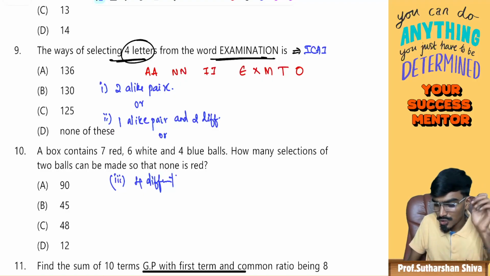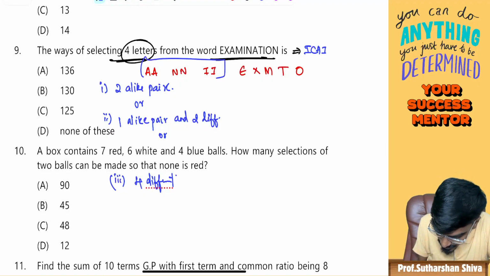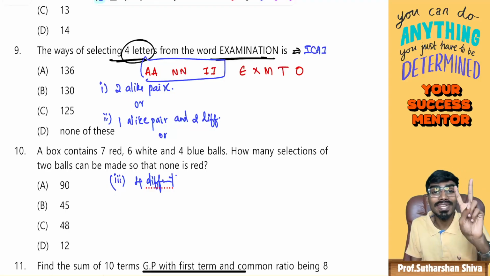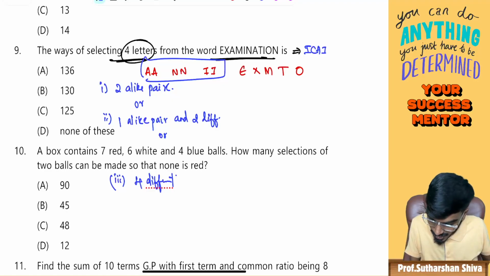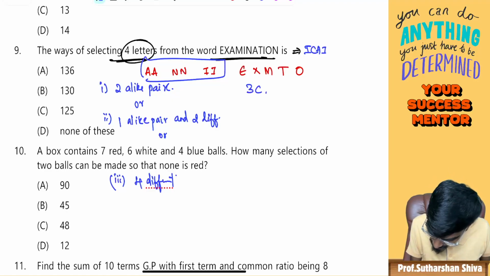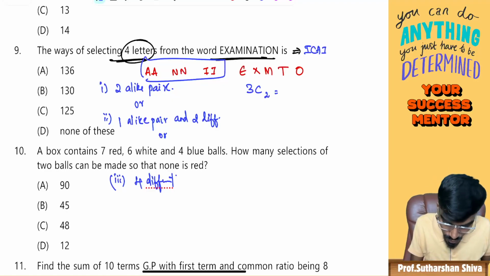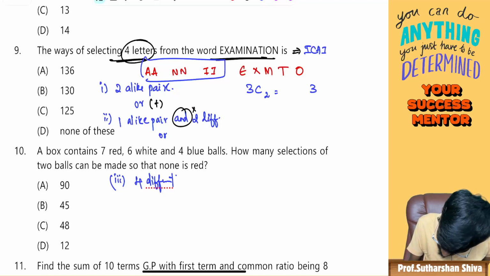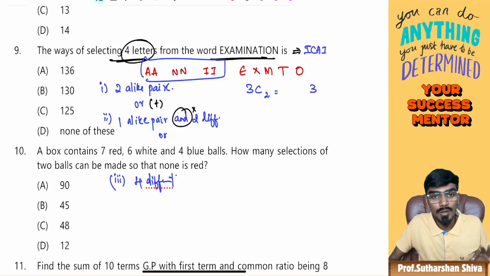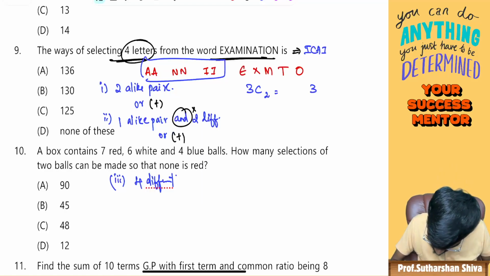What is two alike pairs? There are three alike pairs. On that I can select two, so that four letters will be selected. So from 3 I should select 2, so 3C2, which is equivalent to 3. Or means it is plus, and means it is multiply.